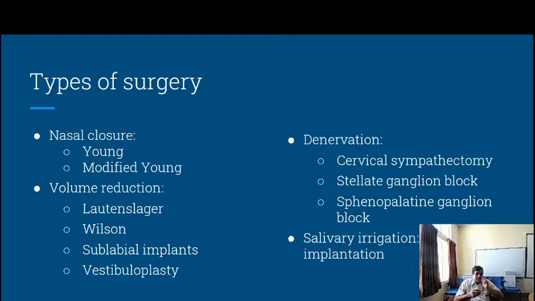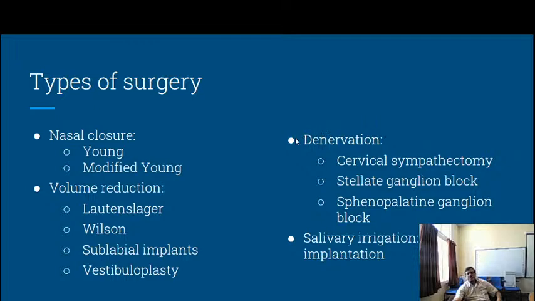This reduction is done by certain procedures like Lautenschlager's, who described medialization of the lateral wall of the nasal cavity, and Wilson's submucosal injection of Teflon paste, where ultimately the roomy nasal cavity is reduced. And sublabial implants, once again the same, where various implants are used. And vestibuloplasty, where you reduce the airflow into the nasal cavity.